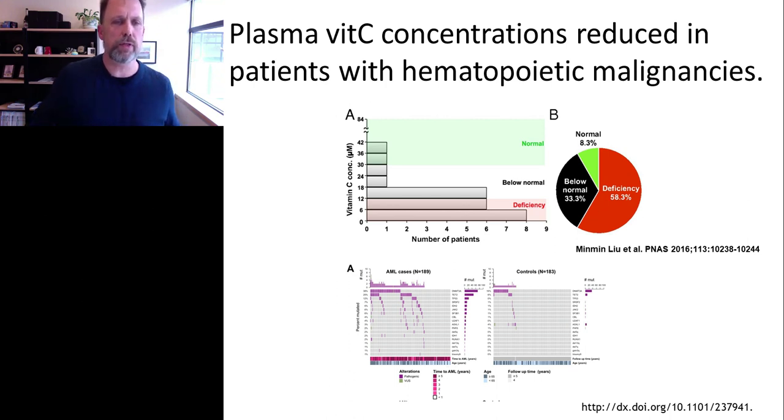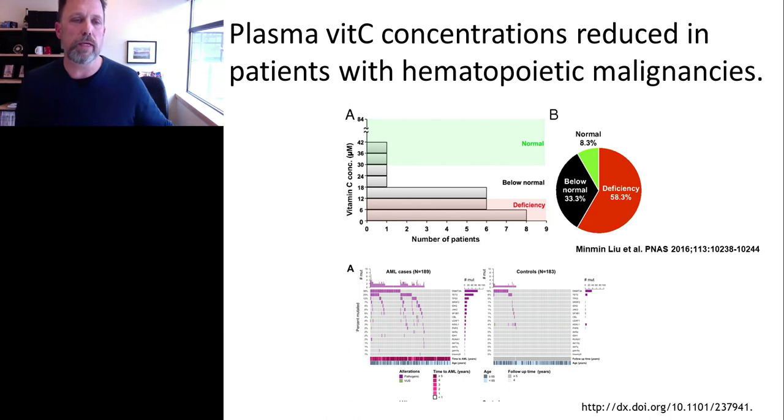That's shown in panel A and panel B, basically showing that in patients with these hematologic malignancies there was this reduction in vitamin C in the plasma. And this finding in its own right has led to a clinical trial, which is looking at just oral supplementation in the context of 5-azacitidine treatment in acute myeloid leukemic patients.